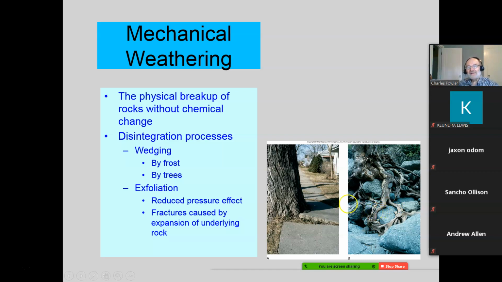So that's a combination of mechanical, physical weathering and a little bit of chemical weathering by secreting the acid, and certainly done biologically too. So that's the trees doing the wedging.